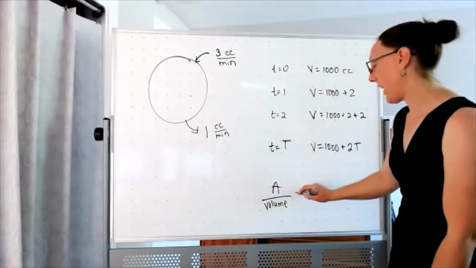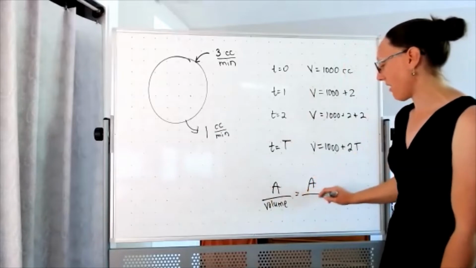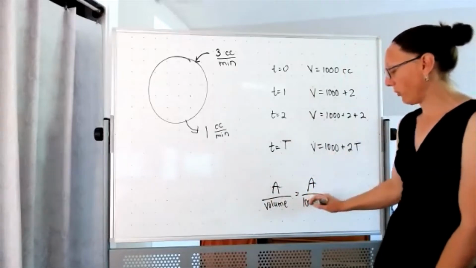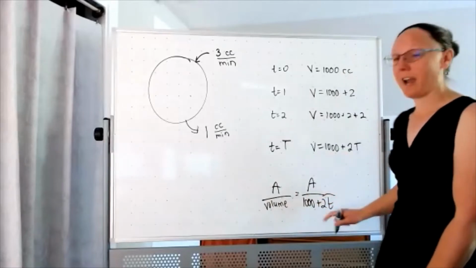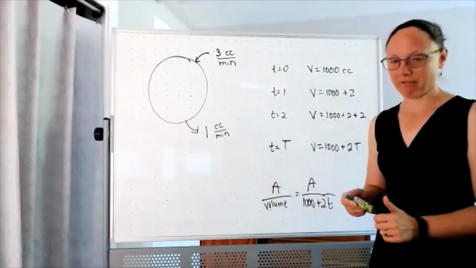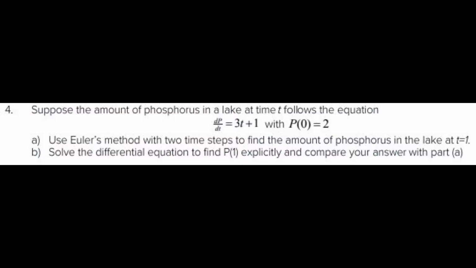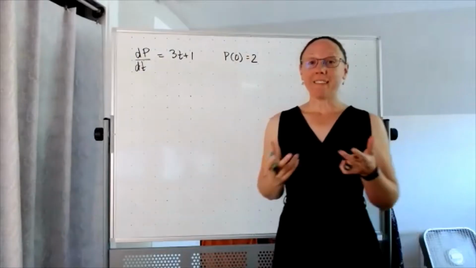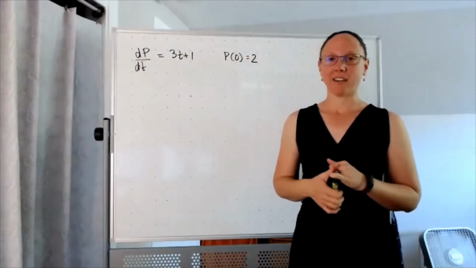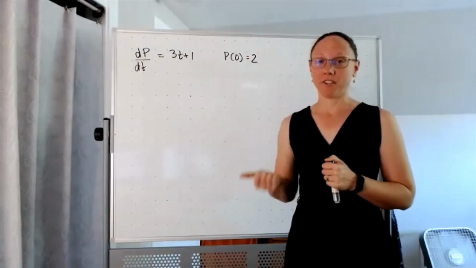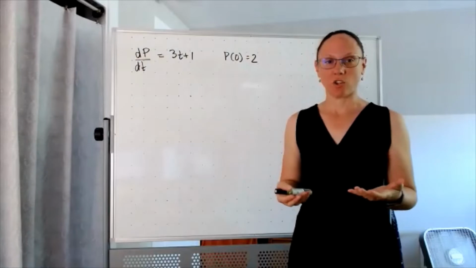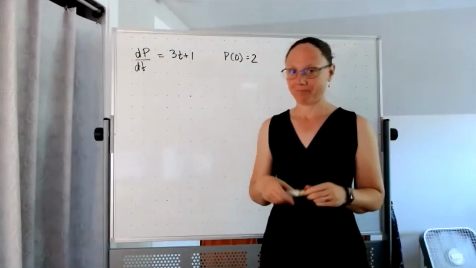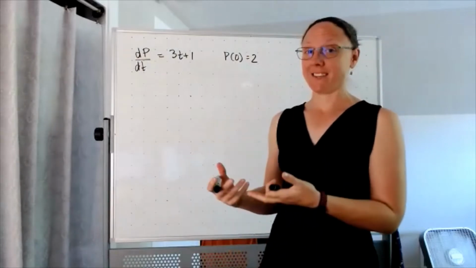So for that particular case, we had the amount of stuff divided by our volume at any time, which is 1,000 plus 2 times the number of minutes we've been building stuff up. Well, in this problem, I'm asking us to both solve the differential equation explicitly and also estimate a solution using Euler's equation. So let's start with the estimate.